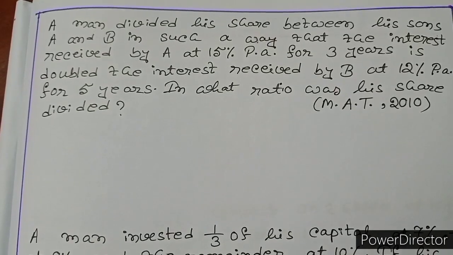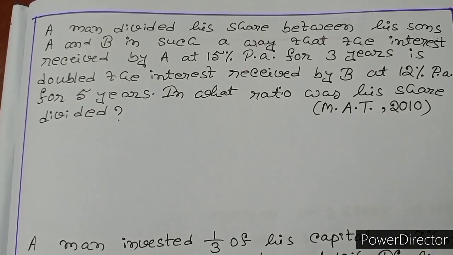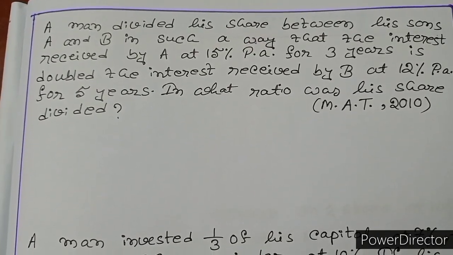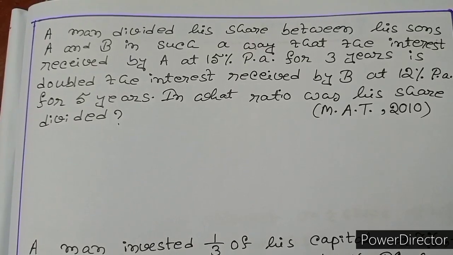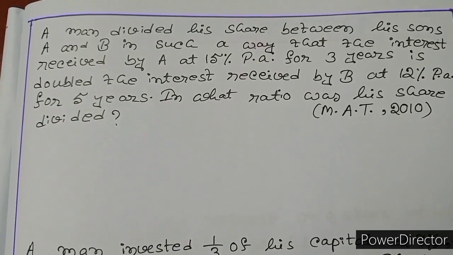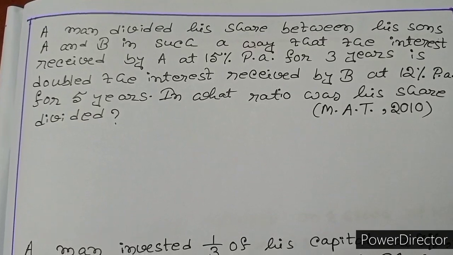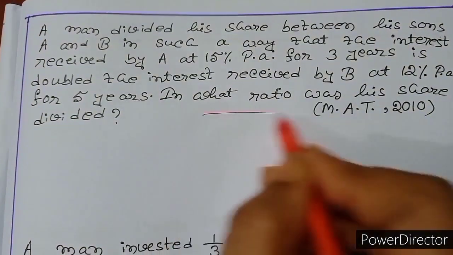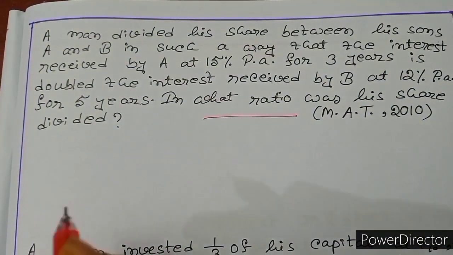Next question. A man divided his share between his sons A and B in such a way that the interest received by A at 15% per annum for 3 years is double the interest received by B at 12% per annum for 5 years. In what ratio was his share divided?